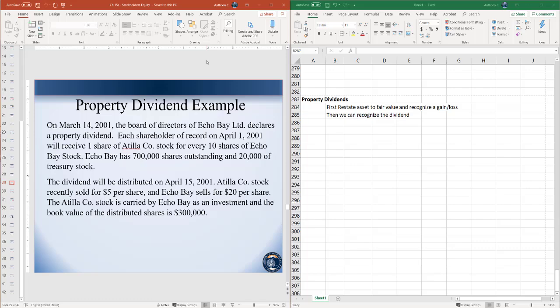Echo Bay has 700,000 shares outstanding and 20,000 of treasury stock. The dividend will be distributed on April 15th. Attila stock recently sold for $5 per share. Echo Bay sells for $20 per share. The Attila stock is carried by Echo Bay as an investment, and the book value of the distributed shares is $300,000.